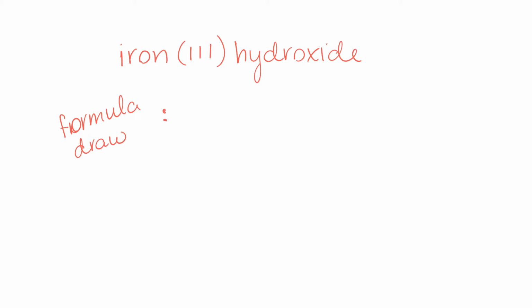You're going to say, okay, iron is Fe. This is telling me about its charge, so it's got a charge of 3+. Hydroxide, I recognize from my polyatomic ion sheet, and it is OH, and it has a negative charge.